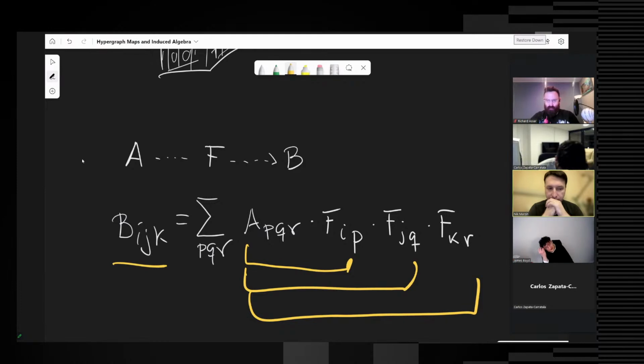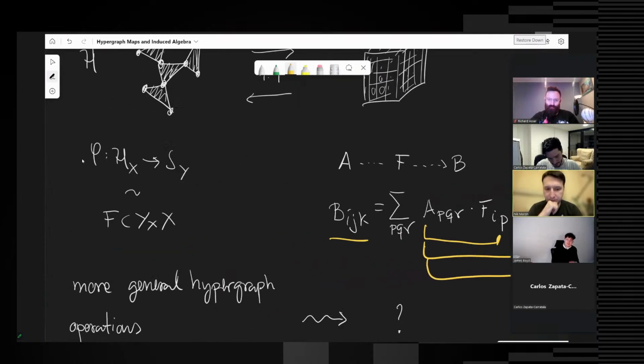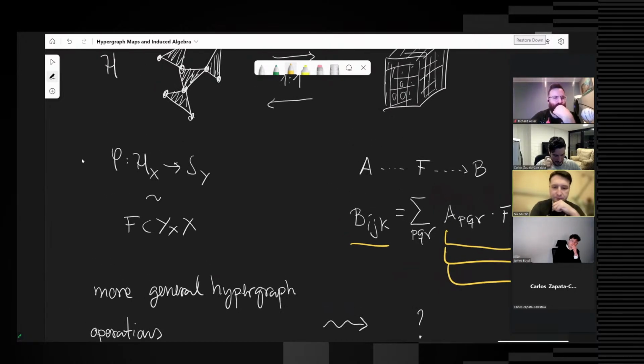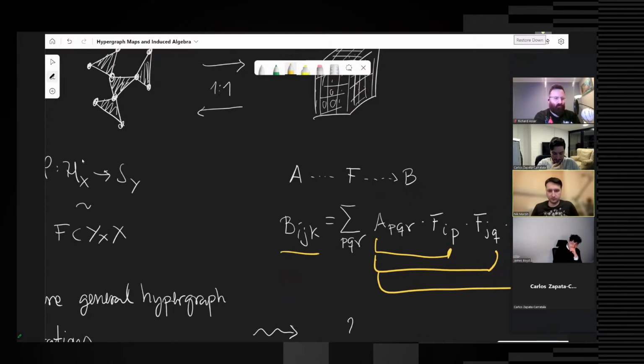So this is basically the problem: in general, there are more ways to do these things. There are more general hypergraph operations that you can define. I just went for the most primitive one, which is just taking maps, which I actually never really thought about too much until the last couple of days, and this is already posing some kind of ambiguity issues.